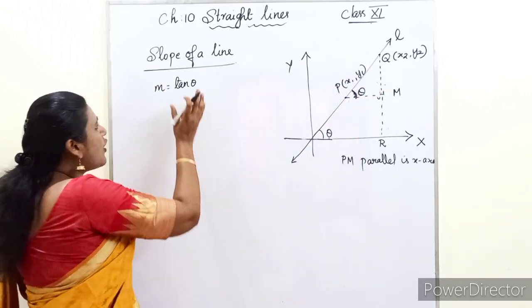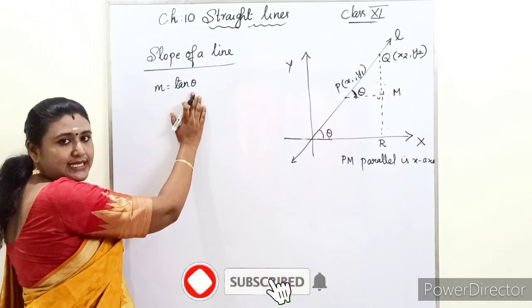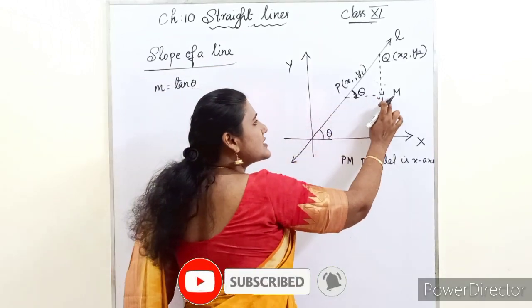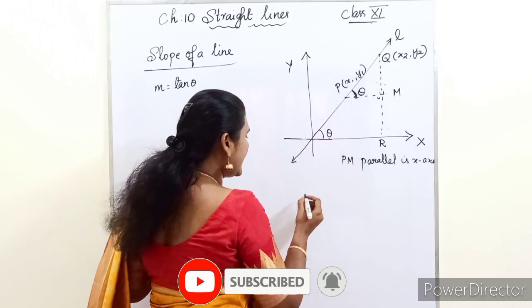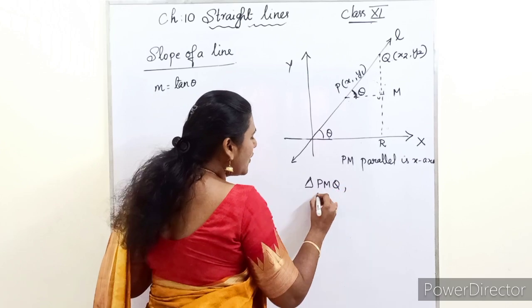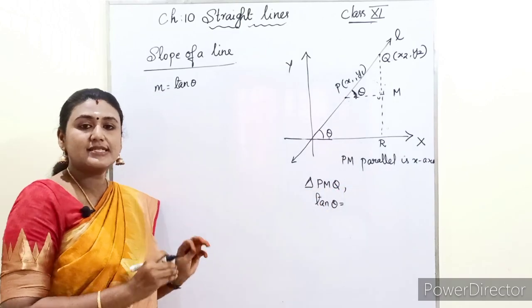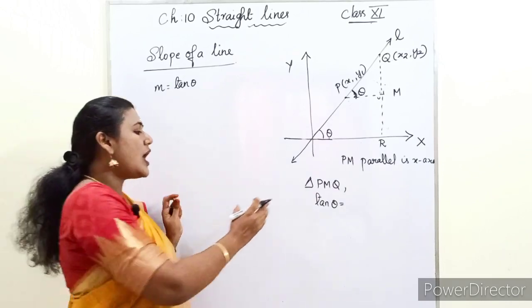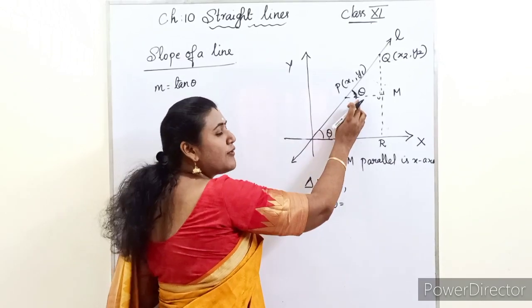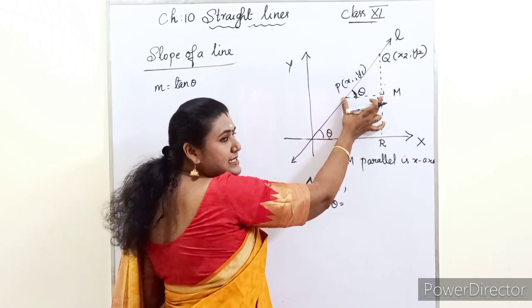Now you know the formula for slope of a line, that is m is equal to tan theta. So in this right angled triangle PMQ, we are going to find the tan theta value that will give us the slope of the line. So how to find tan theta? You know the formula for tan theta, opposite side by adjacent side.